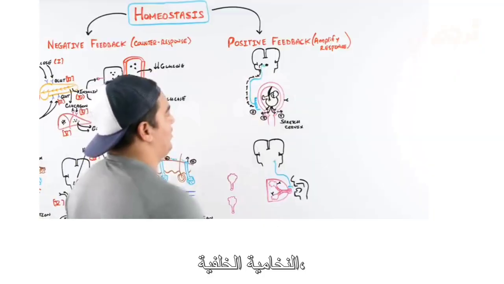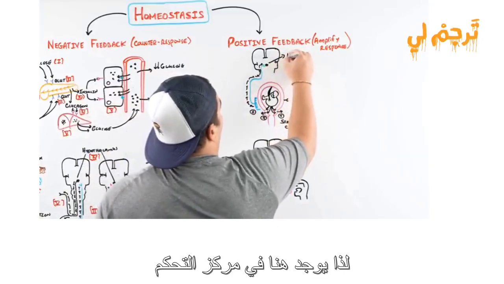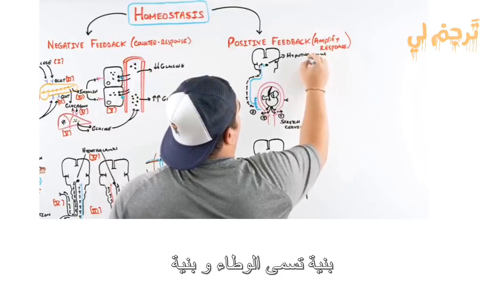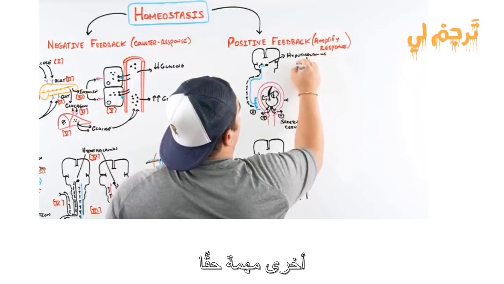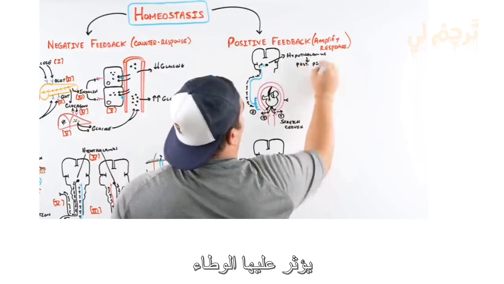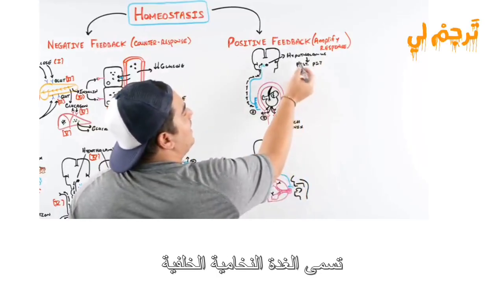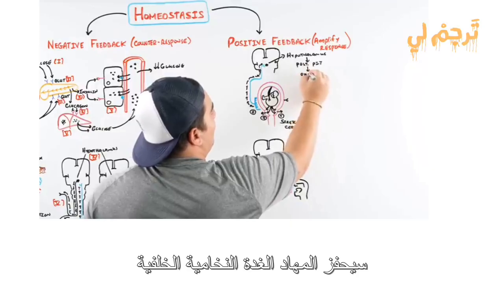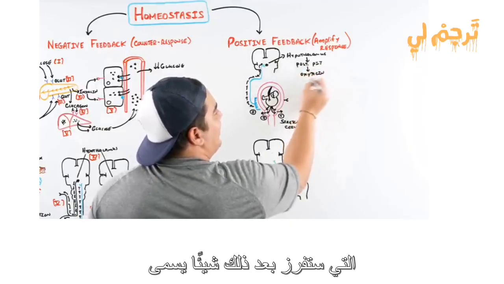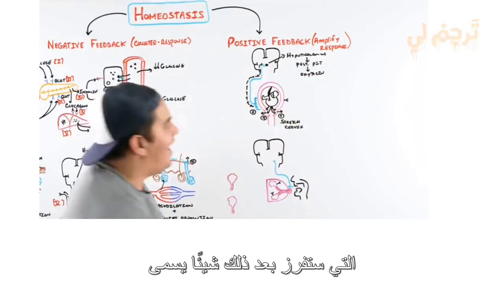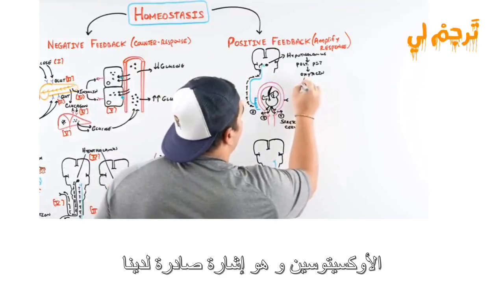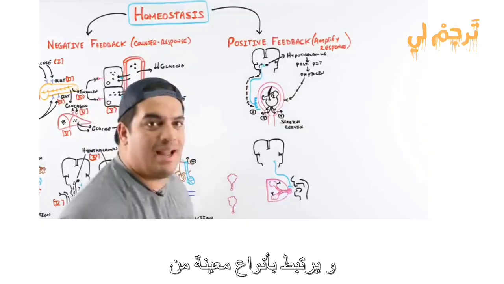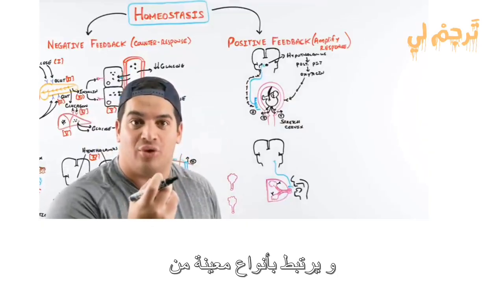So here in the control center, we have a structure called the hypothalamus. And another really important structure that the hypothalamus influences is called the posterior pituitary. The hypothalamus will stimulate the posterior pituitary, which will then release something called oxytocin. That's our efferent signal. Oxytocin will then move down and bind onto particular types of receptors on the muscle of the uterus.